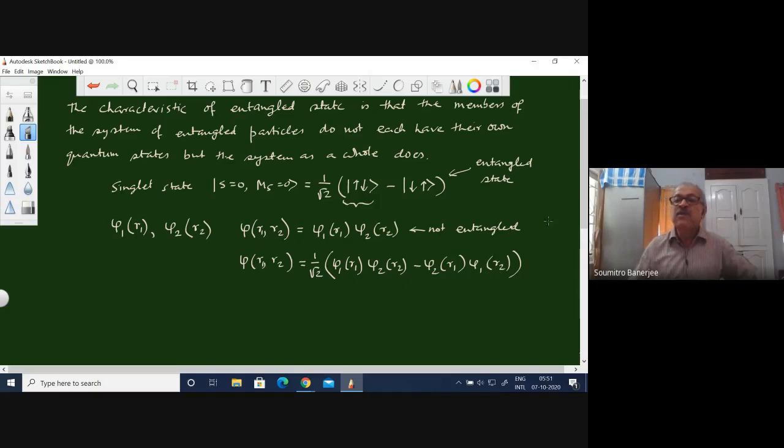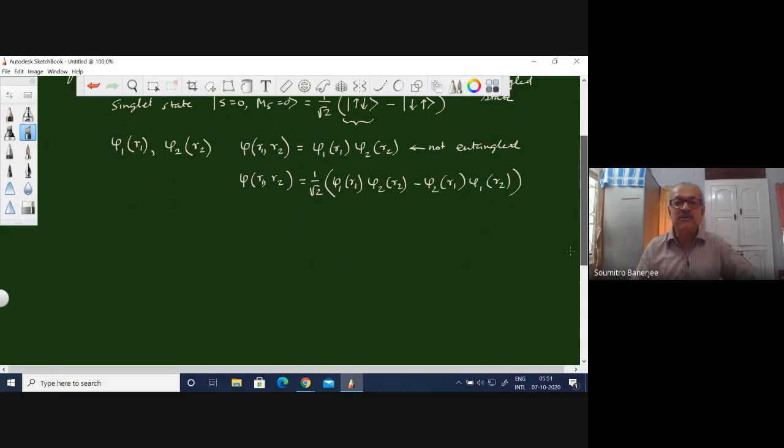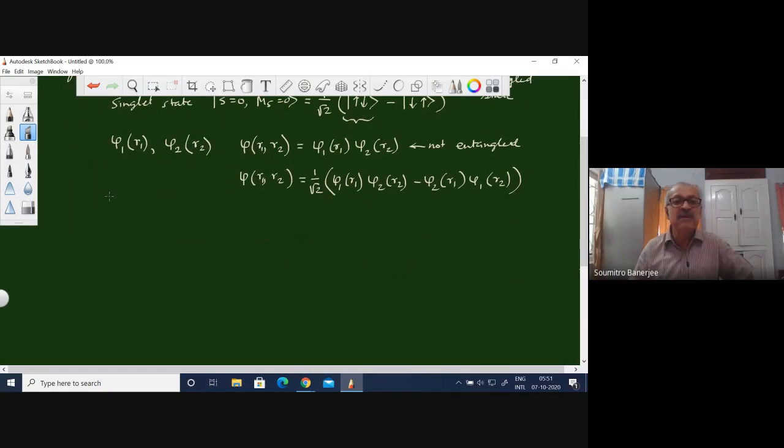So if I want to write the signature of entanglement, you can express it as follows: a wave function or a state vector. State vector is a general representation, because you can represent a psi in terms of the state vector, or you can also define the spin in terms of the state vector.